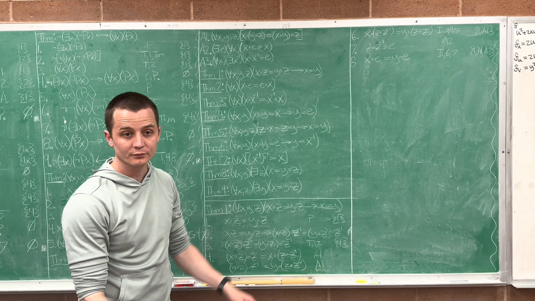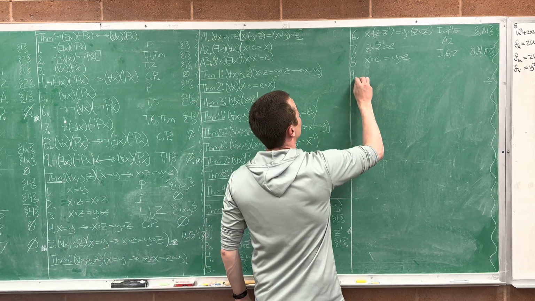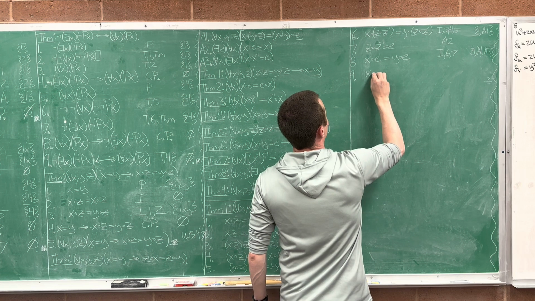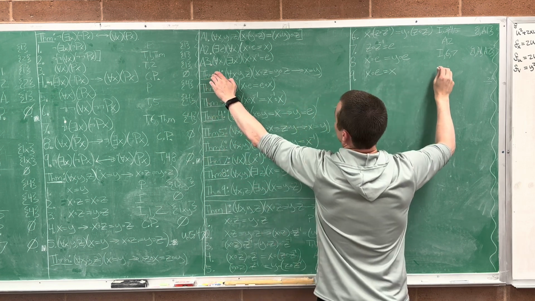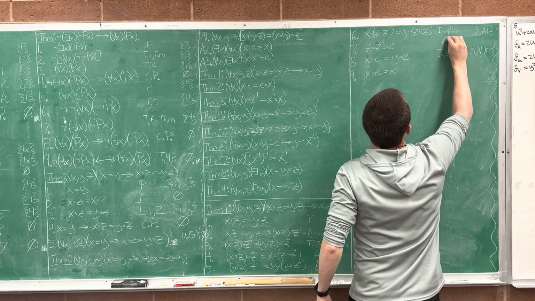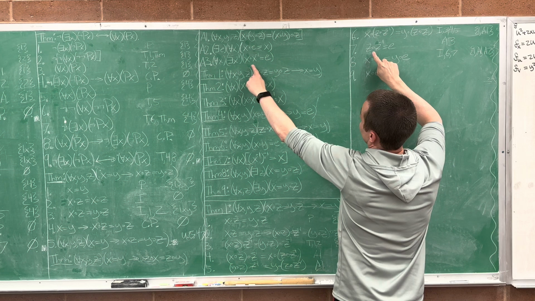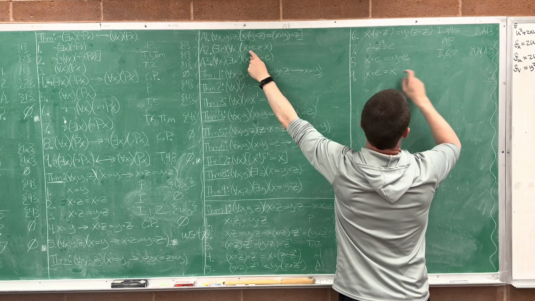And now I need to notice that x compose E is equal to x according to axiom 3. Oh, this was axiom 3, sorry. That's axiom 3. So this one is axiom 2.